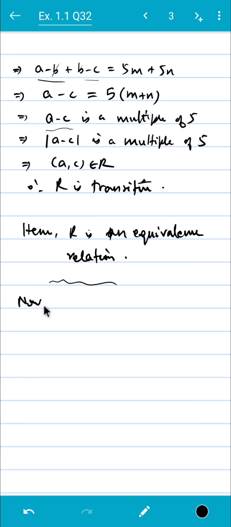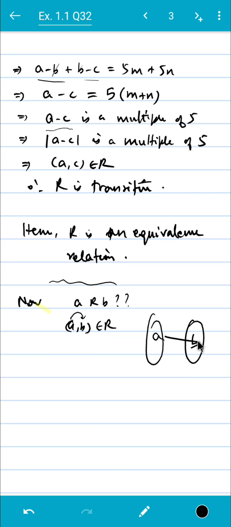So when will A relate to B in this question 1? That's like asking, when will (A, B) belong to R? Because if (A, B) belongs to R, then A is related to B. In the first set there's A, in the second set there's B, and they are related by some rule.